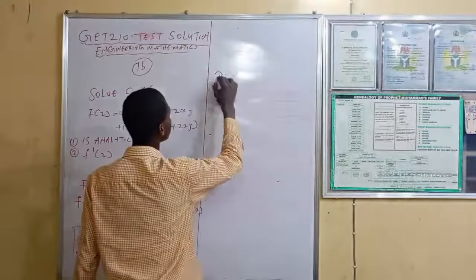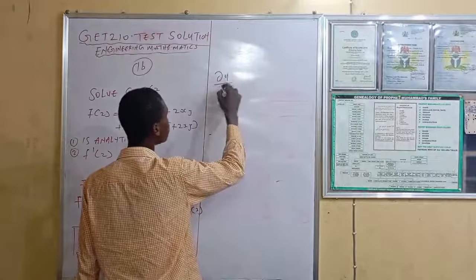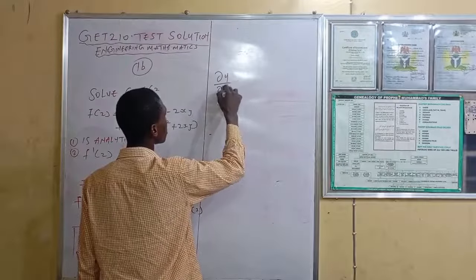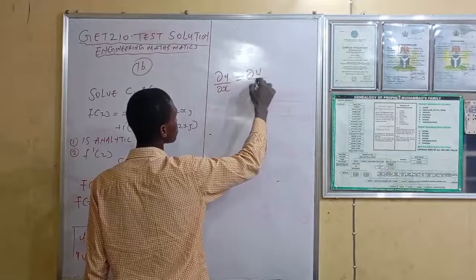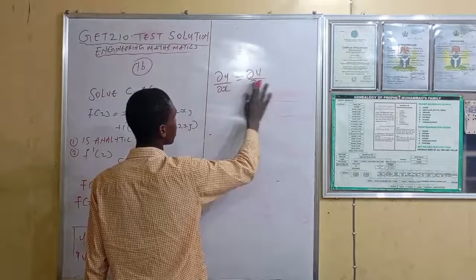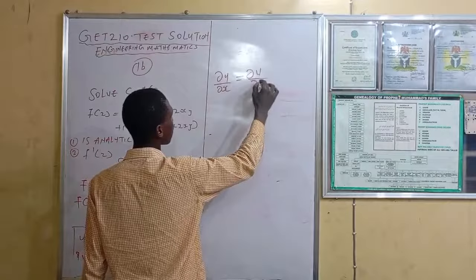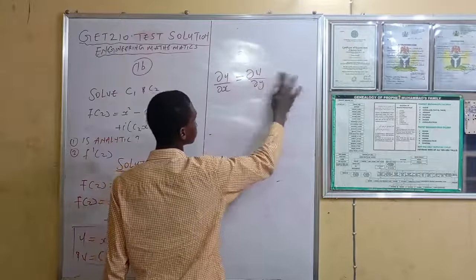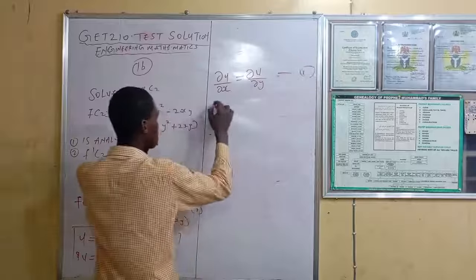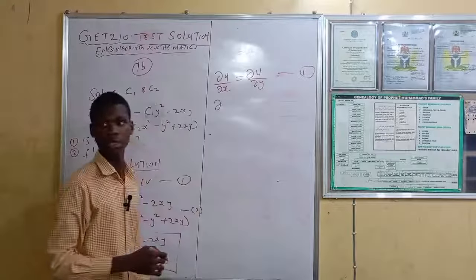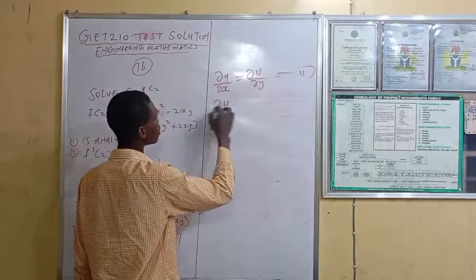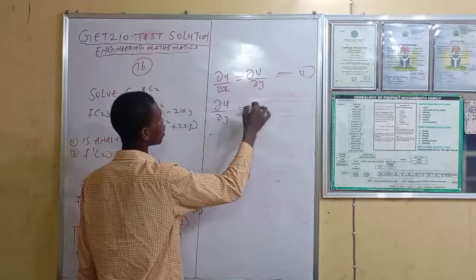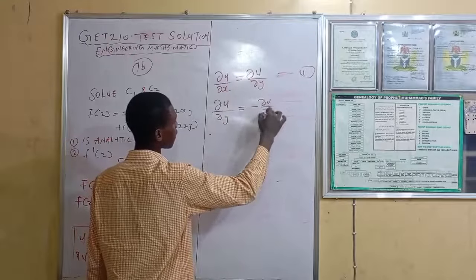It says that the partial derivative of u with respect to x must be equal to the partial derivative of v with respect to y. This is the first condition. Then the second one is partial derivative of u over partial derivative of y to negative partial derivative of v over partial derivative of x.